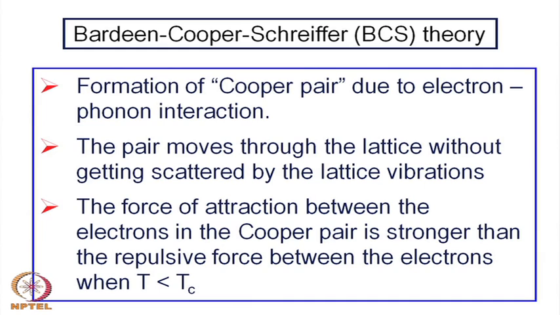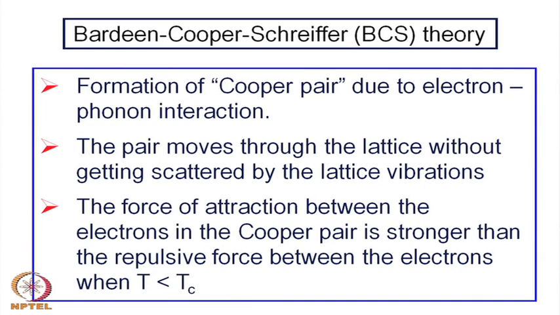A pair forms, what we call the Cooper pairs: 2 electrons come closer and they are not separated. So, the charge carrier is not a single electron, but a pair of electrons, and that is usually termed as Cooper pairs. So, the pair moves through the lattice without getting scattered by the lattice vibration.